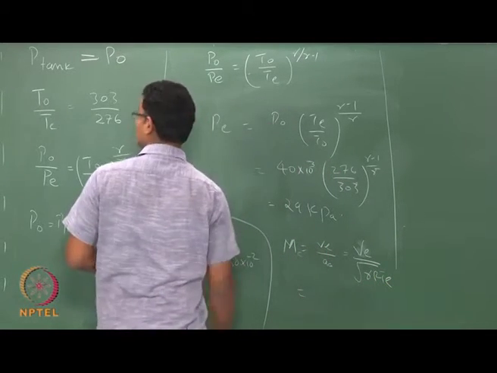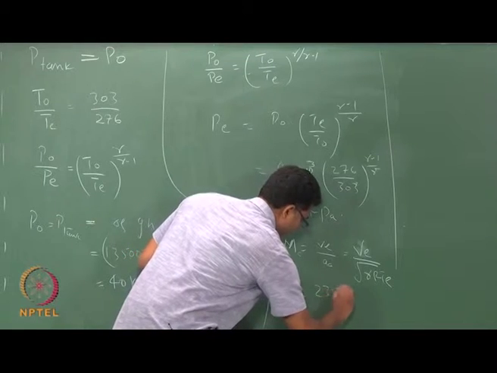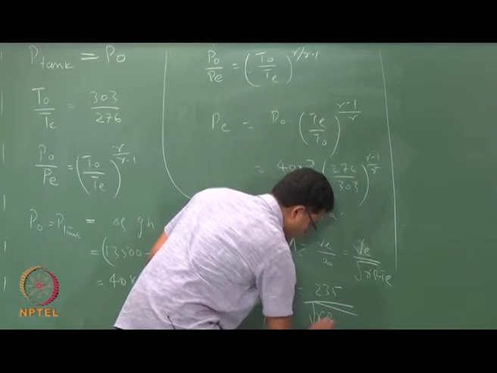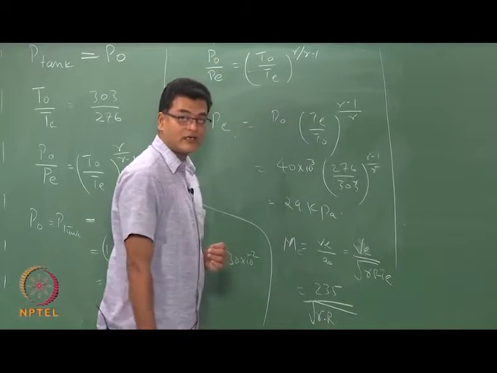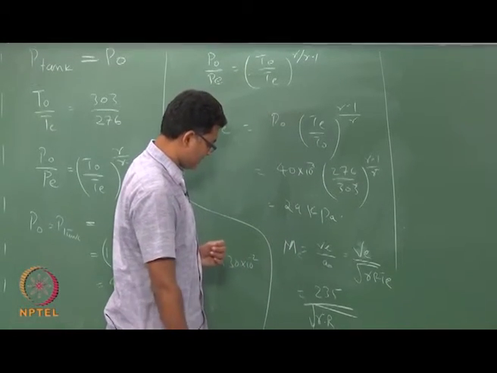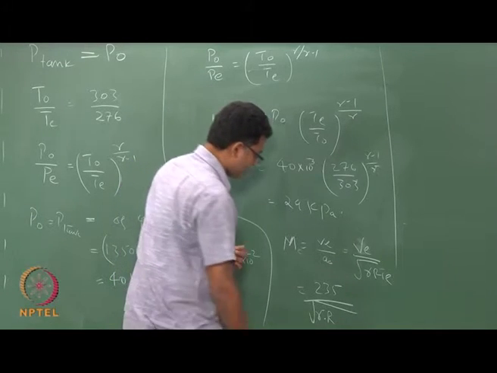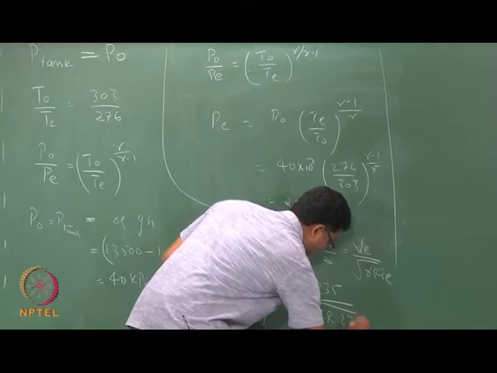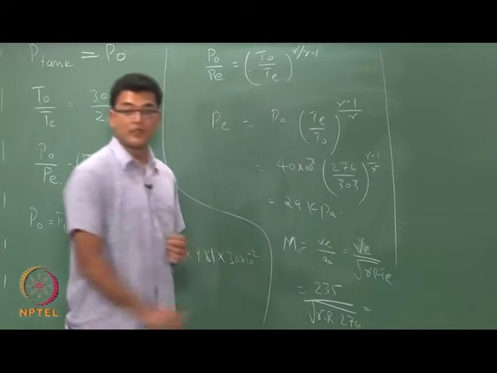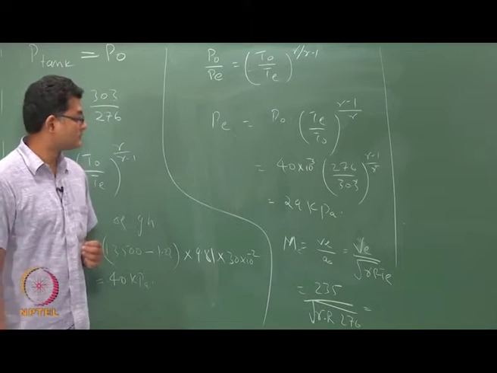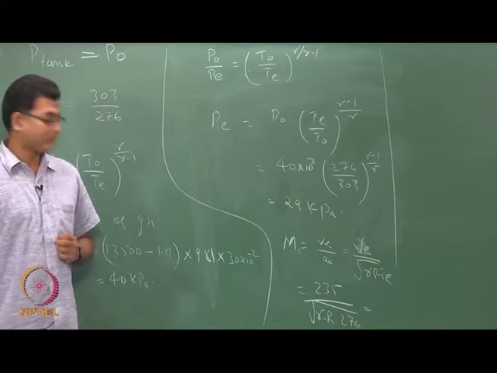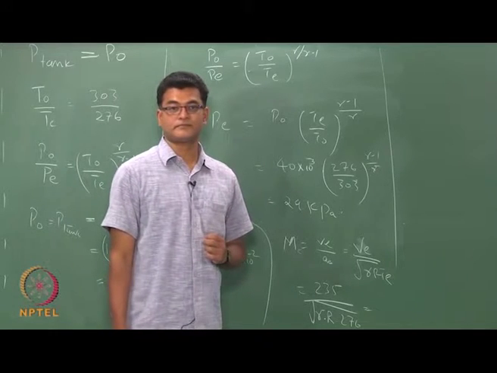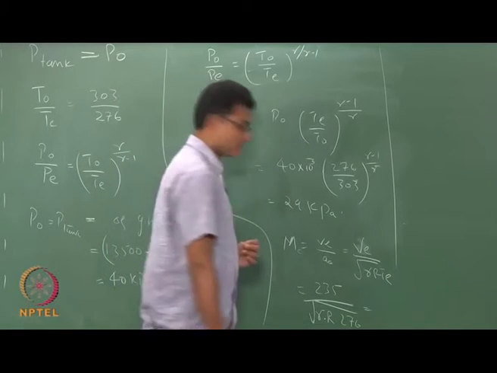V exit is given, 235, divided by root of gamma R T. So, gamma of air and R of air is something which you should remember, and T exit is 276. So, the Mach number at the exit would be 0.7.